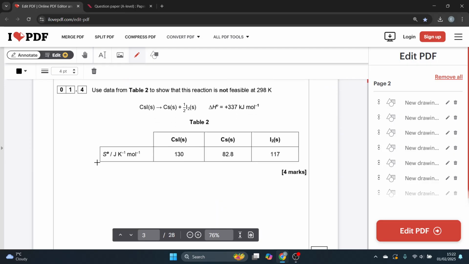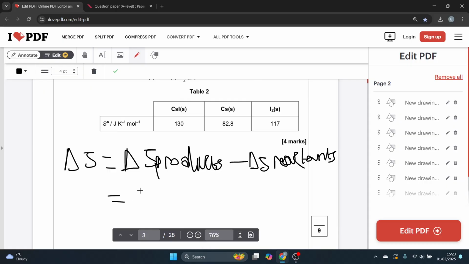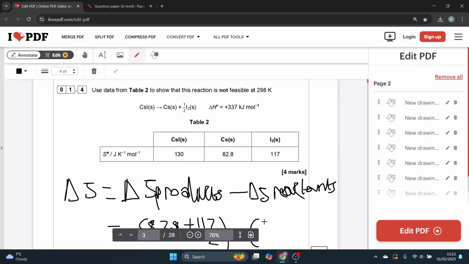Use data to show this reaction is not feasible at 298 Kelvin. So the first thing I need to do is delta S, the entropy change of products minus the entropy change of reactants. So what I'm forming is Cs solid, so 82.8 plus a half times 117, divided by 2, minus 130.